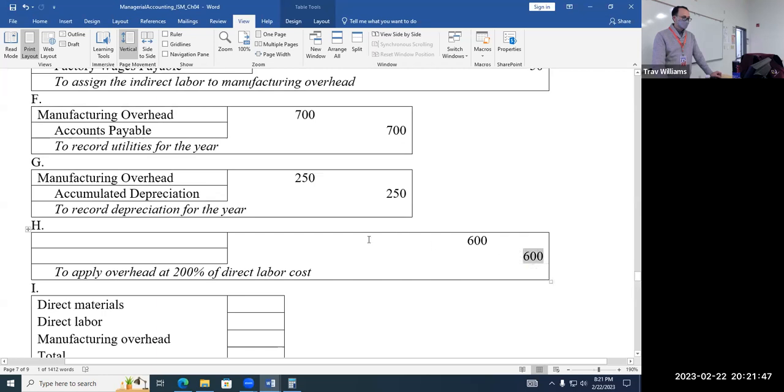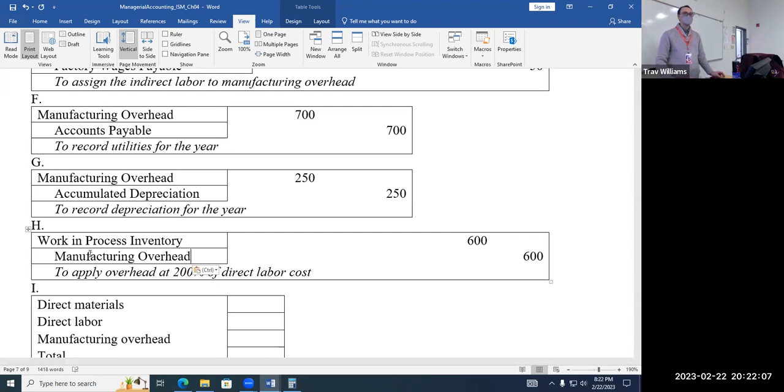So we're applying the manufacturing overhead to this particular job at a rate of $600 total. So this is where we're taking out of manufacturing overhead, putting it into work in process inventory for this job.